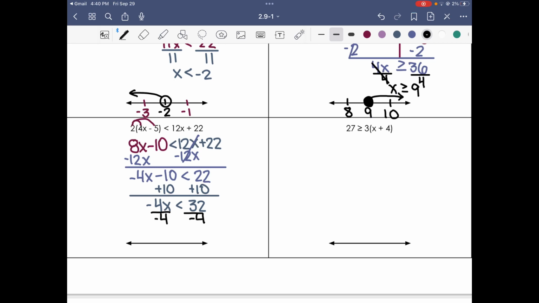And the opposite of multiplication is division. Now, I am dividing by a negative. And dividing by a negative means we have to flip. So x is going to be greater than, instead of less than, 32 divided by negative 4, which is negative 8.